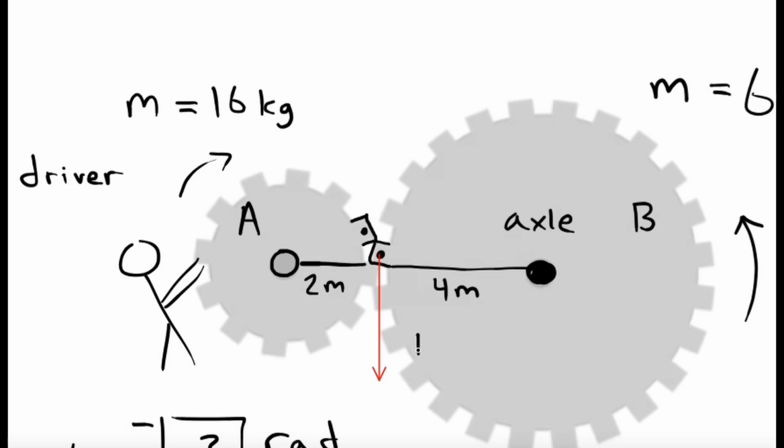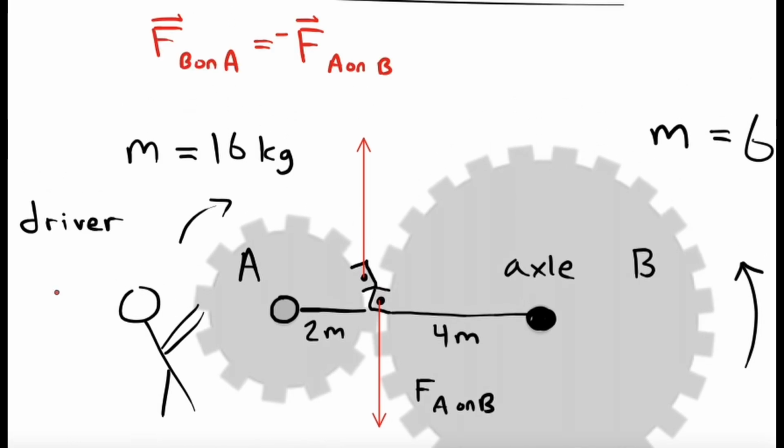That means if we have a force of A on B, there must be an equal and opposite force of B on A. If A pushes on B in the downward direction, then by Newton's third law, B must push on A in the upward direction. That's just F of A on B is the opposite of F of B on A.